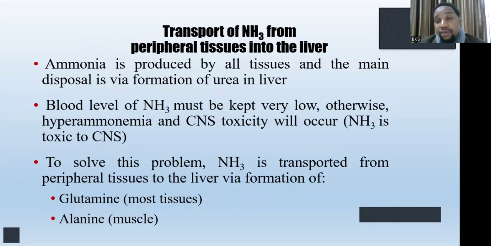Of course, this ammonia can be moved to the blood, and once the level of ammonia in the blood is high, it can lead to hyperammonemia. Hyperammonemia can lead to toxicity of the central nervous system. It's very toxic to the central nervous system. We will see why.